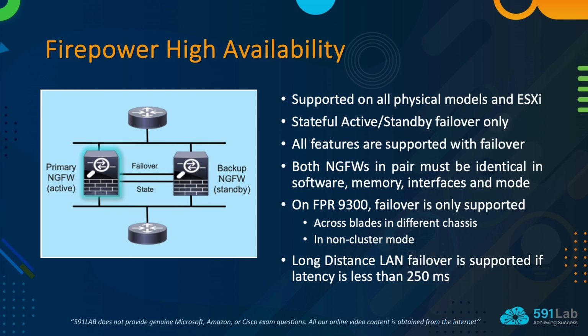If the primary fails, the standby unit automatically detects the failure and initiates a failover. After failover, the newly activated next-generation firewall assumes the role of primary device and begins processing the traffic. Network traffic interruption is minimized during the failover process.